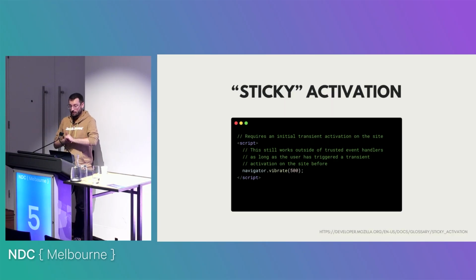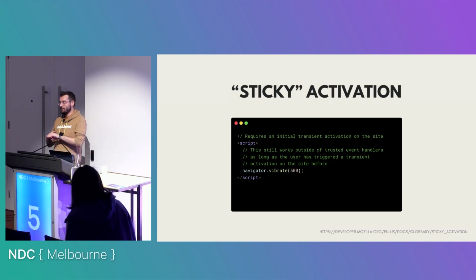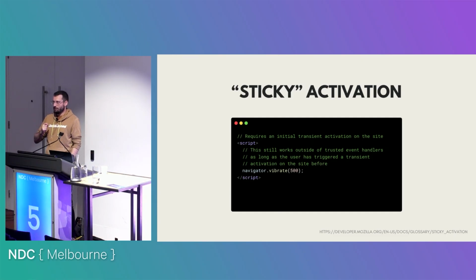The vibration API is actually a really interesting example for the hybrid intermediate. So it's the sticky activation. Basically all that means is the user has to have interacted with your application within a certain time frame. Usually with these kinds of APIs, we want to avoid pop-ups just triggering and immediately firing away. But once the user interacted, it's fine. You can even trigger them outside of click callbacks and stuff like that.